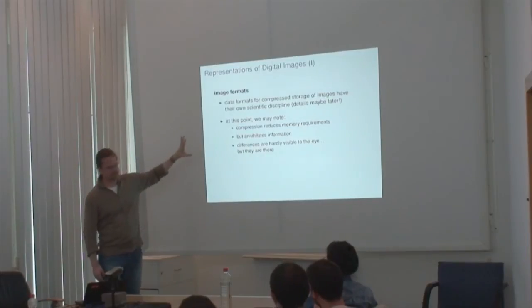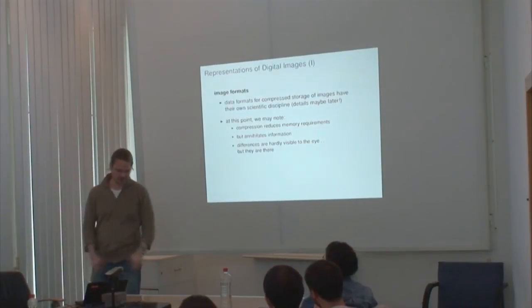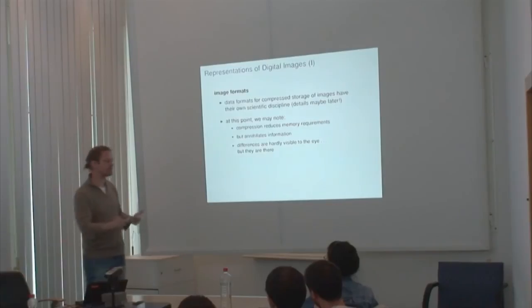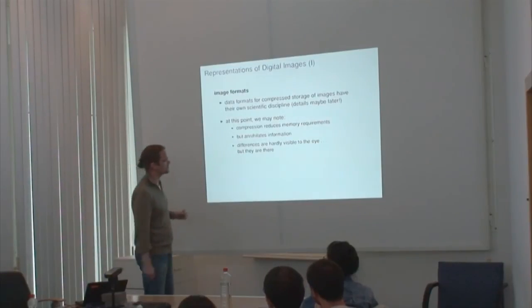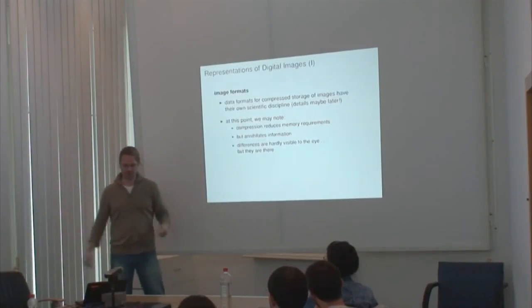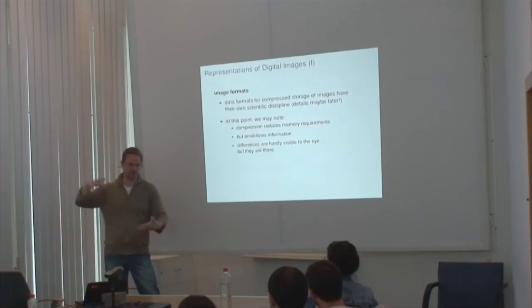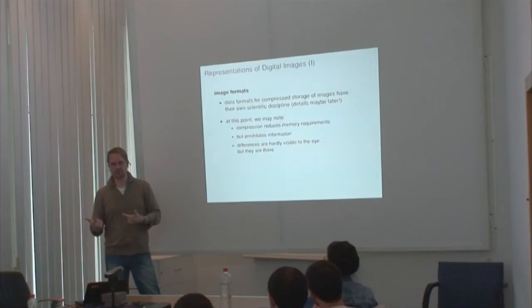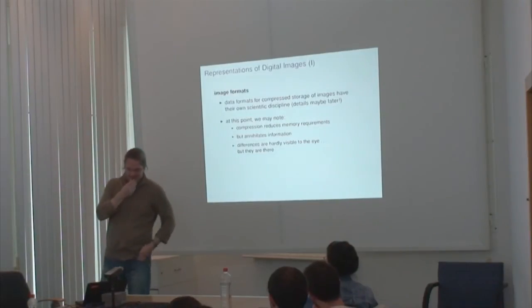So the science in this area of compression consists in finding ways of throwing away information such that the difference between the compressed and then uncompressed image and the original image are not really visible to the user.